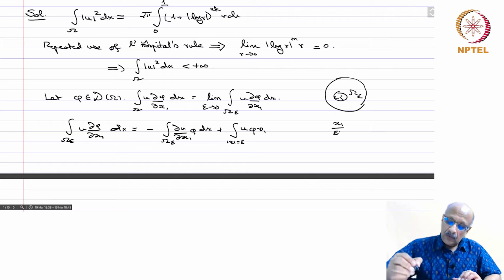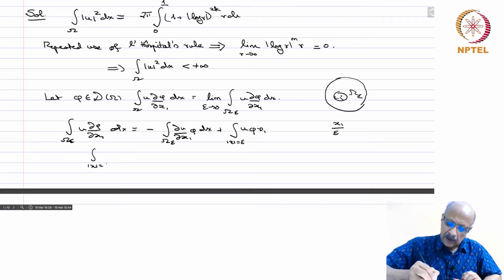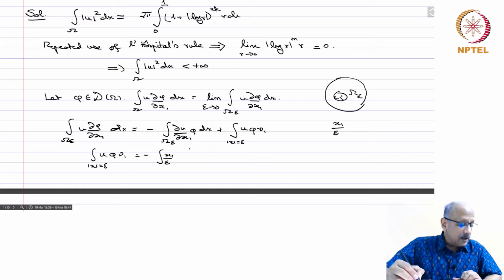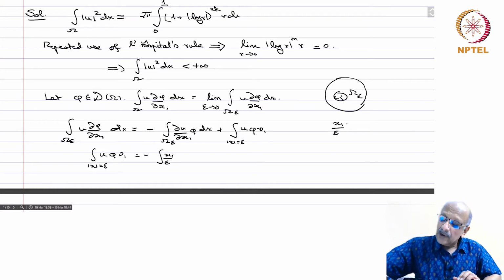Okay, so now you have the integral on |x| equal to epsilon of u phi nu 1. Because the unit normal is minus x1 by epsilon, that will be minus the integral of x1 by epsilon times phi times u. But what is x1? x1 is nothing but epsilon cos theta, divided by epsilon.